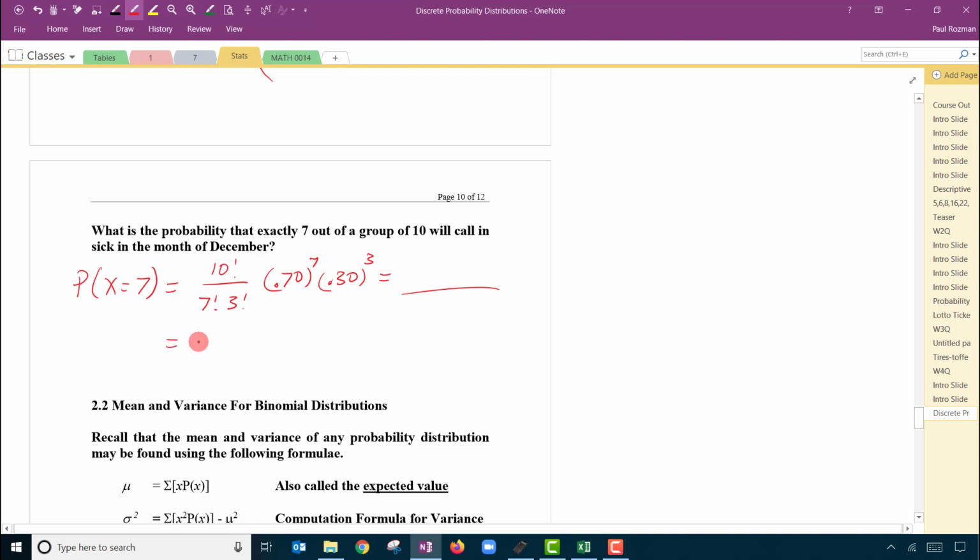Alternatively, you could use your table. You could say it's the probability of being less than or equal to 7 minus the probability of being less than or equal to 6. 7 or less minus 6 or less leaves you with exactly 7. And these two values are in our table.